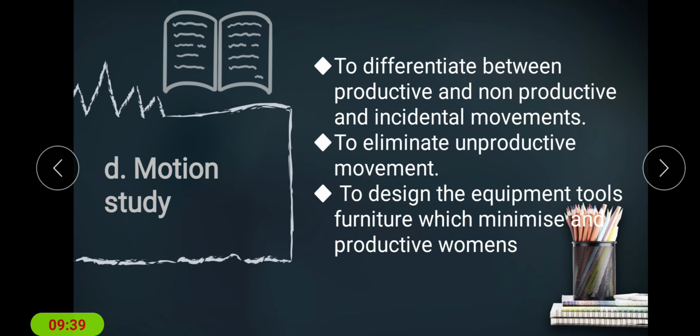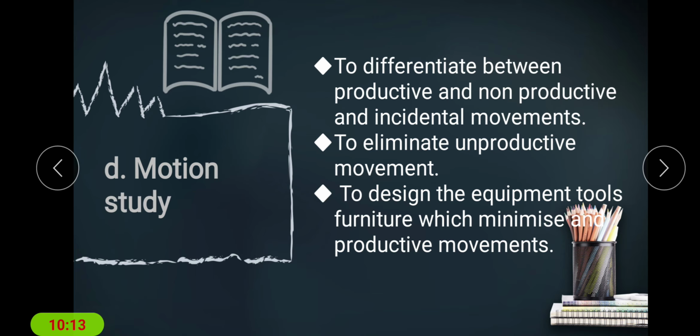This is done by identifying productive, unproductive and incidental movements, so as to eliminate unproductive movement, to design the equipment, tools and furniture which minimize unproductive movement, and to identify productive movements. Taylor used stopwatches and various symbols and colors to identify different motions. So students, this is all about the technique of work study.